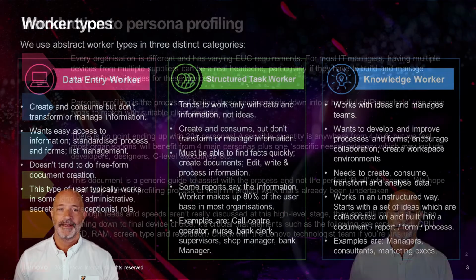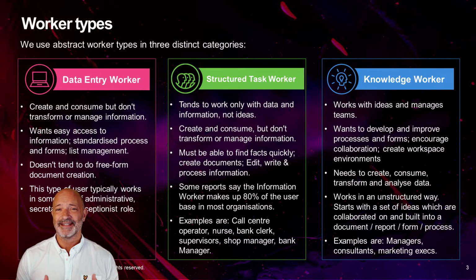An interesting but not strictly necessary stage when deciding on just end user hardware is to categorise everyone in the org who uses IT as one of a number of abstract types. I've got three classic worker types here. The data entry worker tends to be on the administrative side and requires simple, fast and reliable access to their information systems.